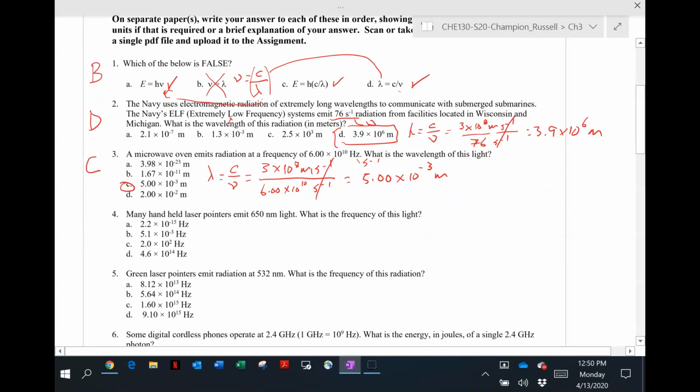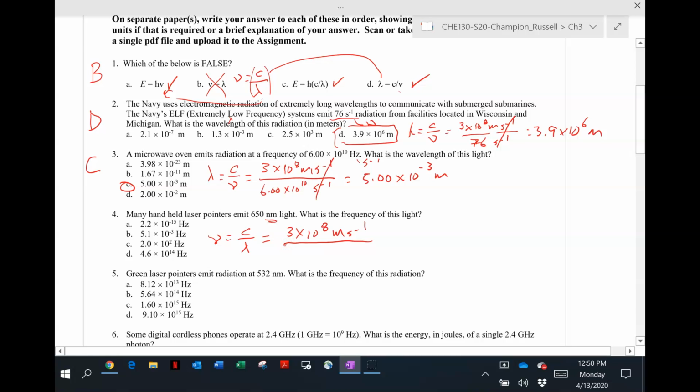Alright, now we have a wavelength going to frequency, and the wavelength is in nanometers. I'm going to show you a trick here about dealing with that. So frequency, what's nu? C over lambda is nu, just rearranging the previous equation. We put the speed of light in, 3 times 10 to the 8th meters per second.